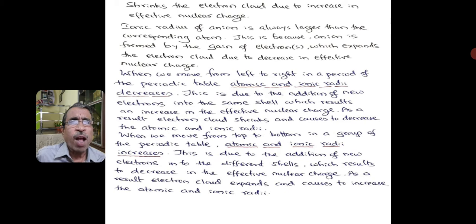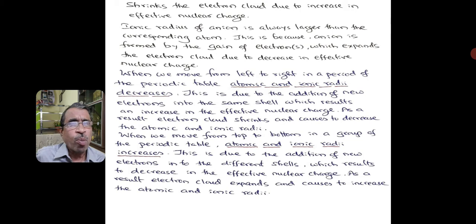The ionic radius of an anion is always larger than the corresponding atom. This is because an anion is formed by the gain of electron or electrons, which expands the electron cloud due to decrease in effective nuclear charge.